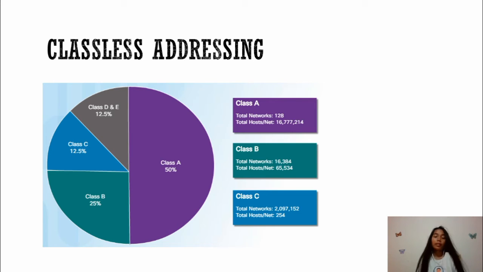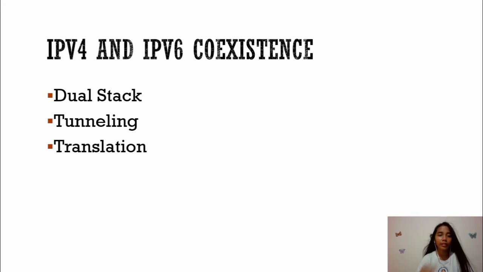So the system that we use today is the classless addressing. The formal name is classless inter-domain routing, or what we pronounce as CIDR. So let's proceed to the next one.